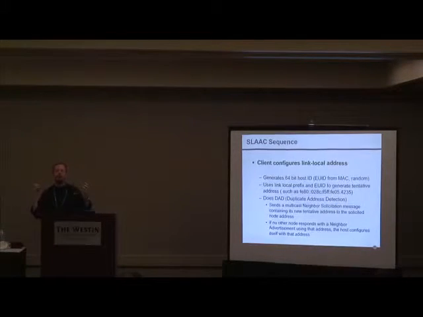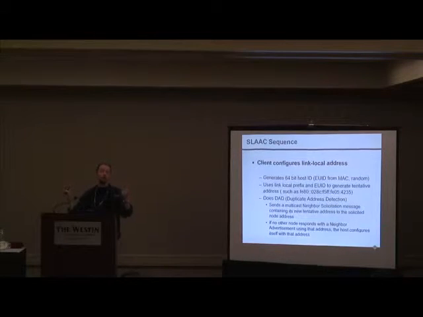So, SLAAC, Stateless AutoConfig. Let's go through what happens when you are coming up. The first thing your machine does when it is trying to come up on a v6 network is it will go through, get its MAC address, and generate the EUI64. It'll then take that EUI64, slam that onto FE80, and say, okay, that's my link local address.